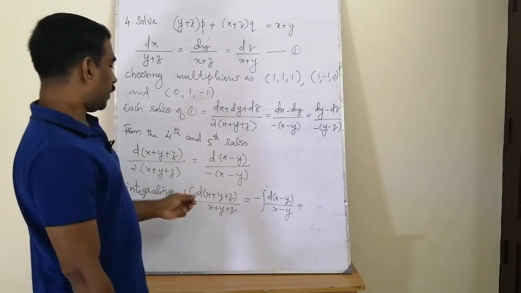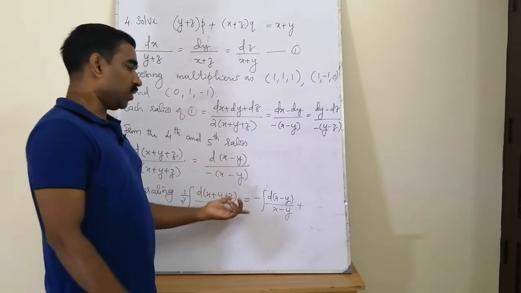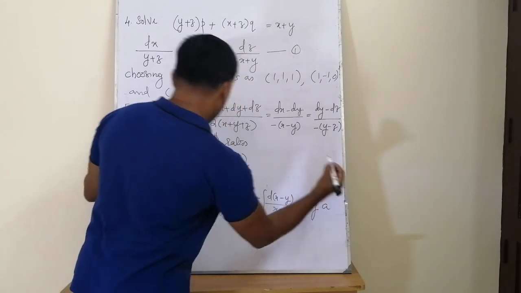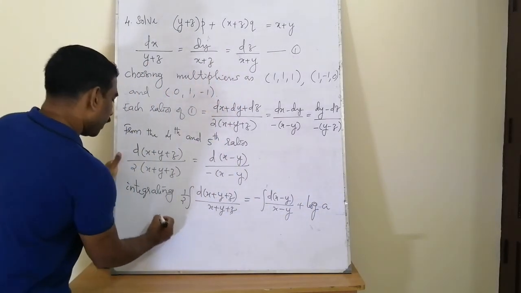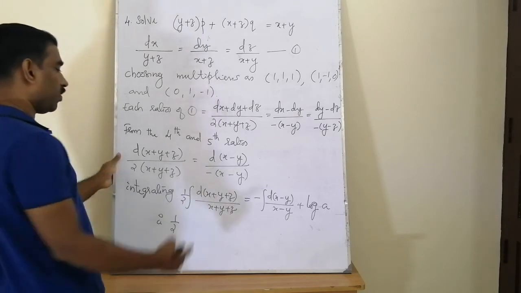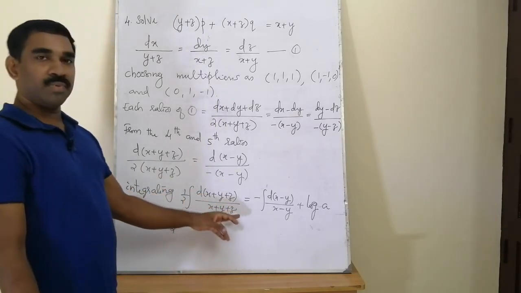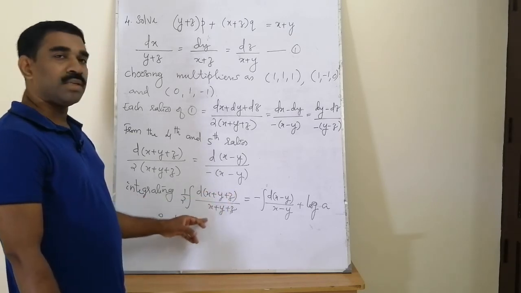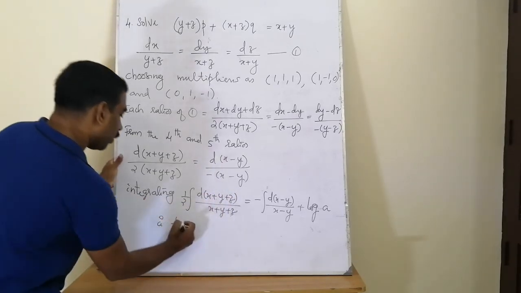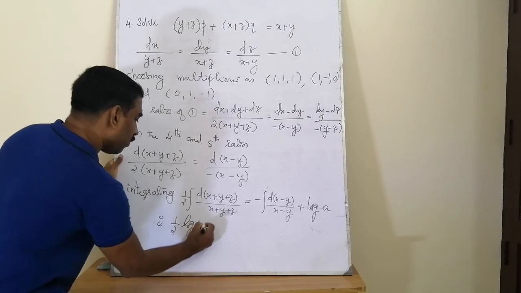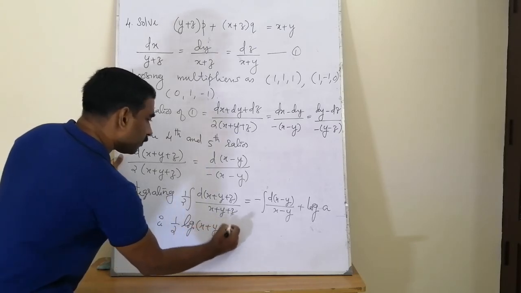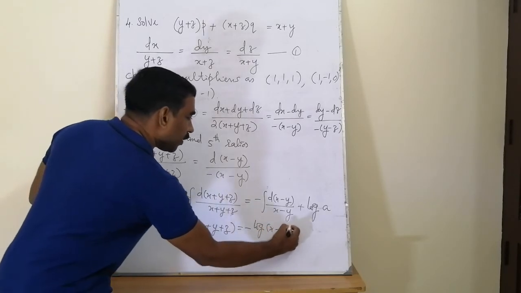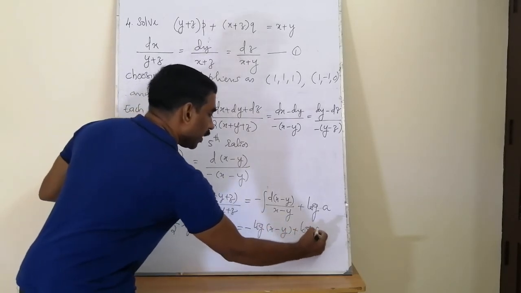Here we can expect the answers as logarithm, so we properly take the constant of integration as log a. After integration we get, what is integral of d of x plus y plus z by x plus y plus z? Suppose we replace this x plus y plus z as t, then it is dt by t, integral dt by t, that is log t, or we can write this as log of x plus y plus z is equal to minus log of x minus y plus log a.